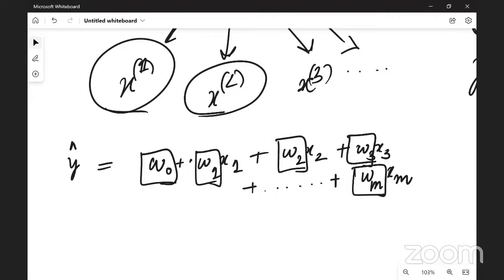This regression modeling is called linear regression because what you're taking is a linear combination of your input data or input features, along with the weight vector. This represents a linear combination, and this is the reason it is called a linear regression problem.